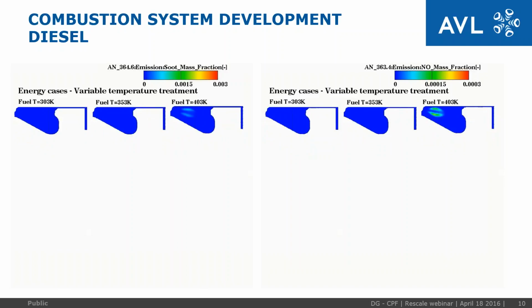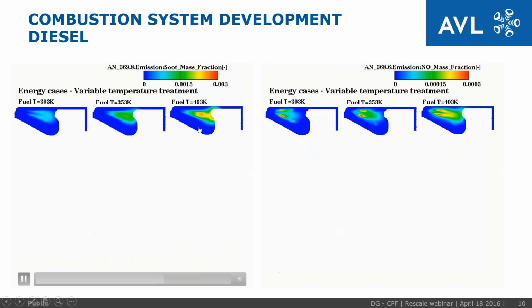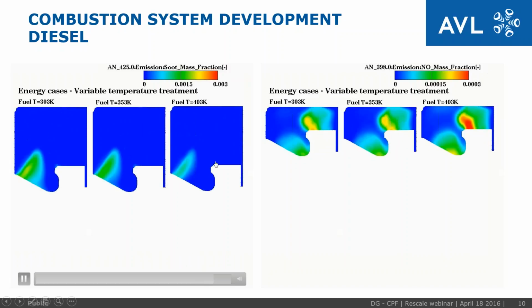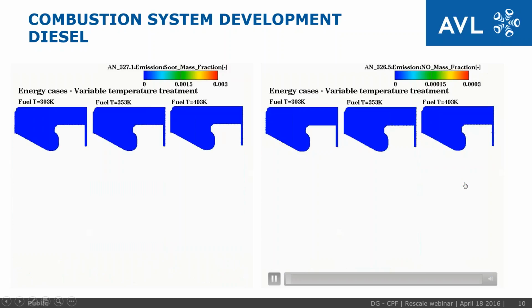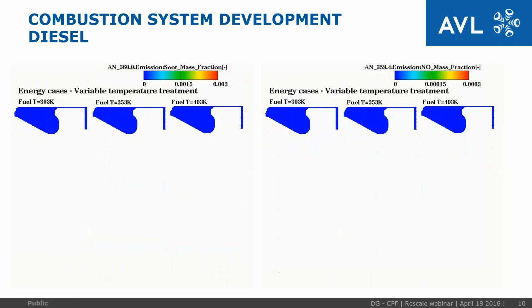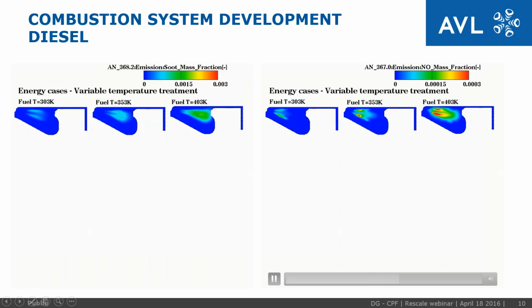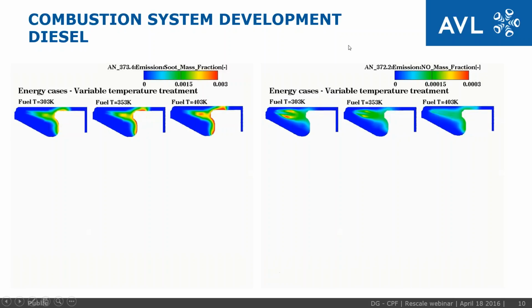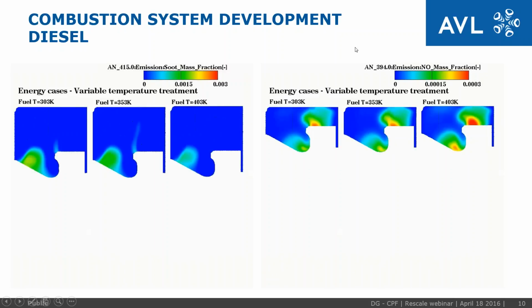You will see, for instance, for the high temperature, we have the lowest soot formation of the three, but at the same time we have high NOx formation. So this is an example of the conflicting objectives which need to be then considered in combination with other engine parameters.